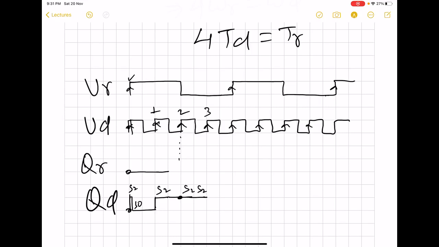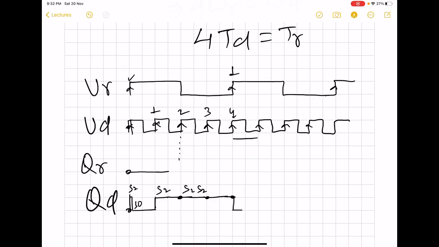So it remains in state 2 till the third, and then let us say that the rising edge of this occurs before the rising edge of that. So this fourth one occurs first, so it remains here, and then this first edge of the VR occurs, so it will then bring it back to 0.